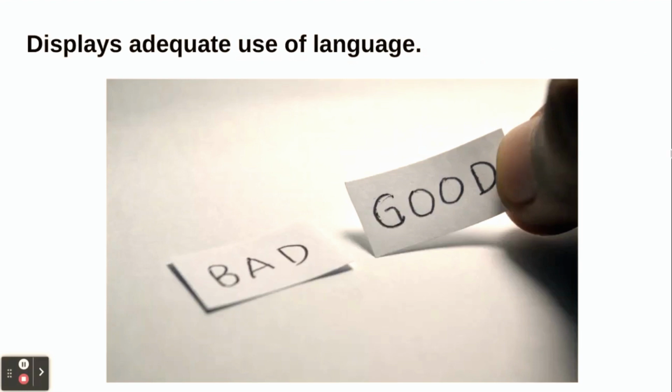Displays adequate use of language. You want to mix up your vocabulary. Be careful doing this. Make sure it's words you can spell and use correctly, but you don't want to use, I'm going to call them generic words, good, bad, nice, those words that are overused. You want to spice up your vocabulary, use a little bit more higher level vocabulary if possible, pull words out of the passages.